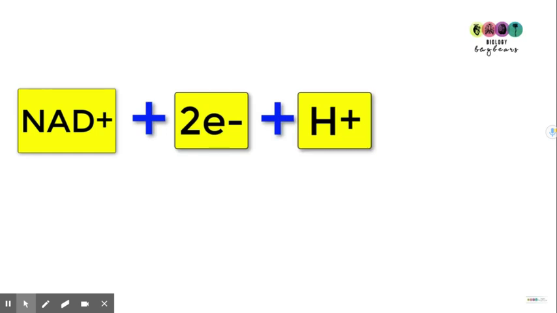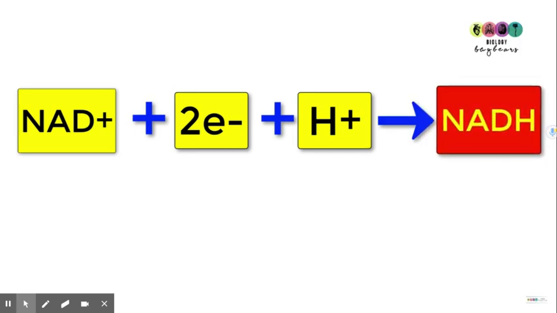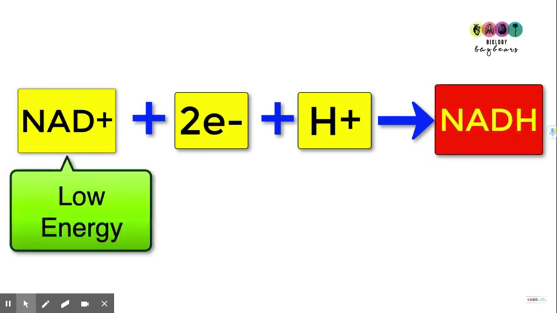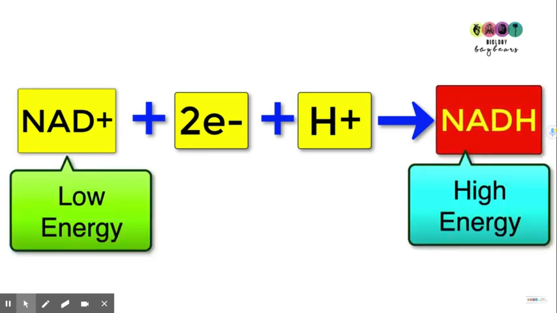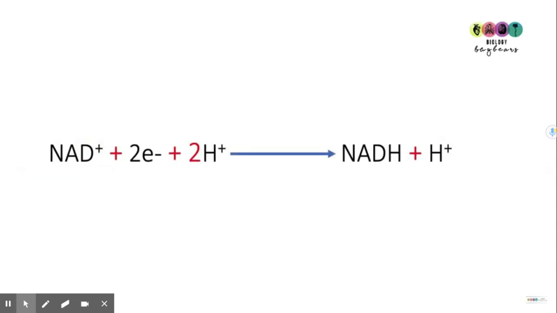Remember, they're coming from hydrogen atoms, and so it is reduced to NADH. When you compare NAD+ with NADH, we consider NAD+ to be a low energy molecule and NADH to be high energy. To make our equation perfect, we have to account for that one other proton. Remember, we're talking about pairs of hydrogen atoms, 2 electrons and 2 protons.